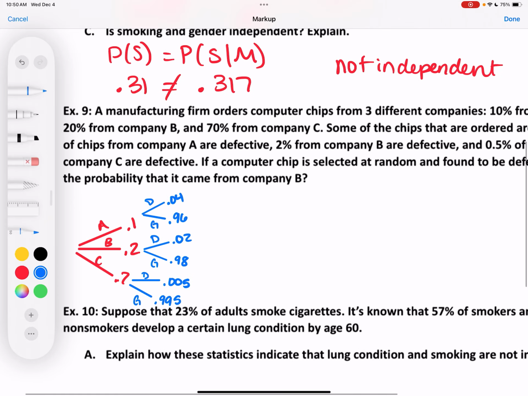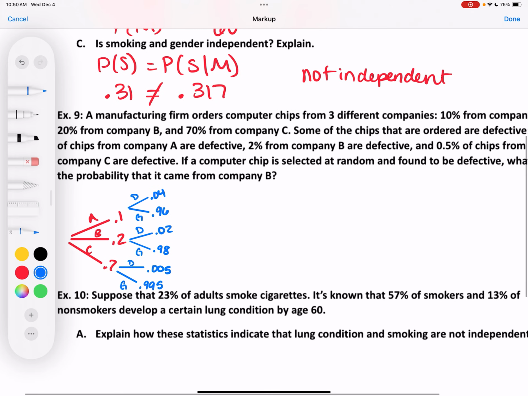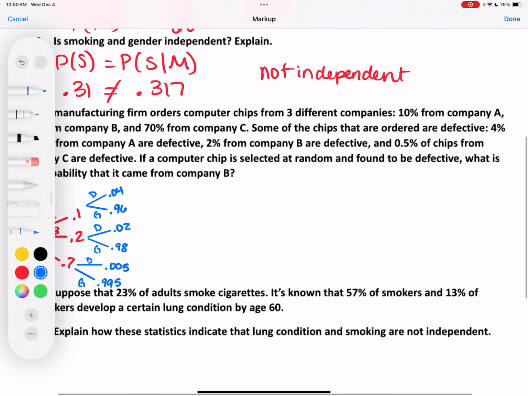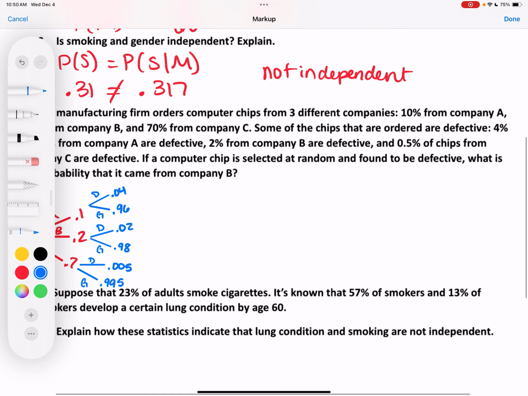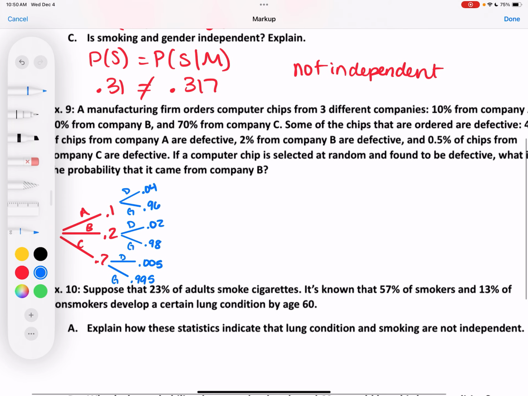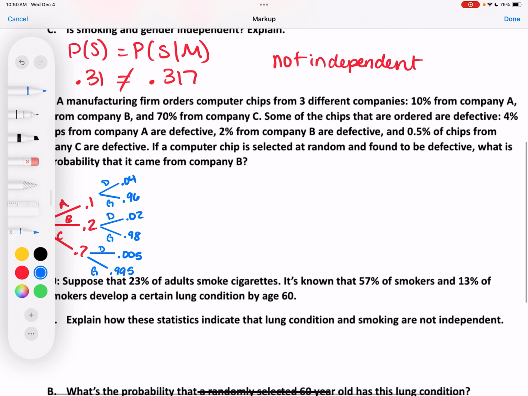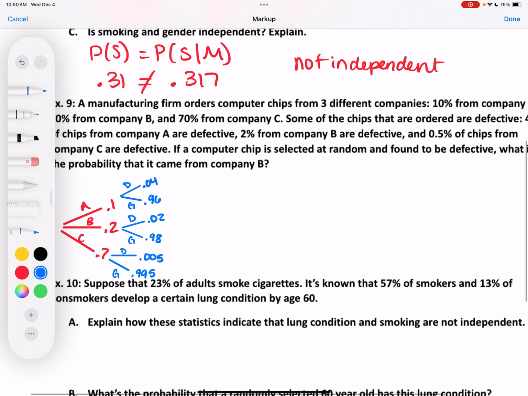All right, so they want us to find the probability that, if a computer chip is selected at random and found to be defective, it came from B. So this is going to be the probability of B given that it's defective.